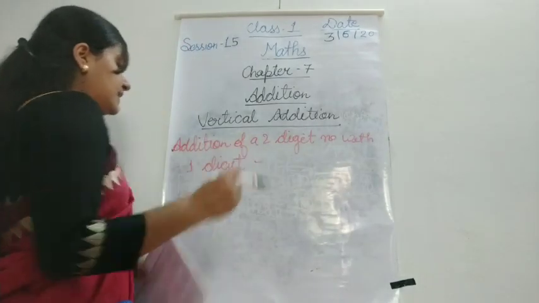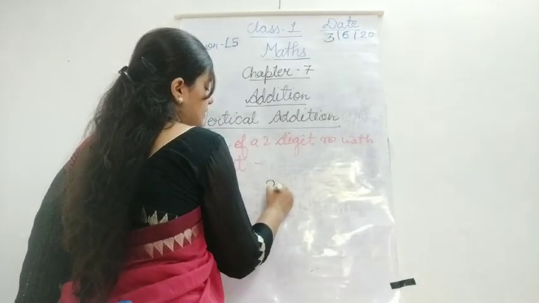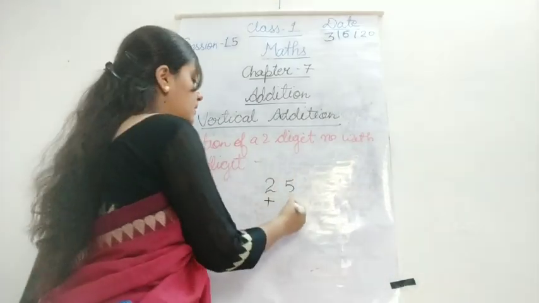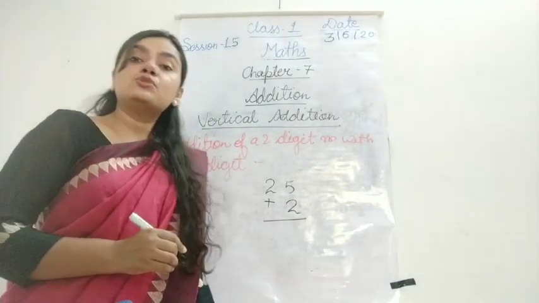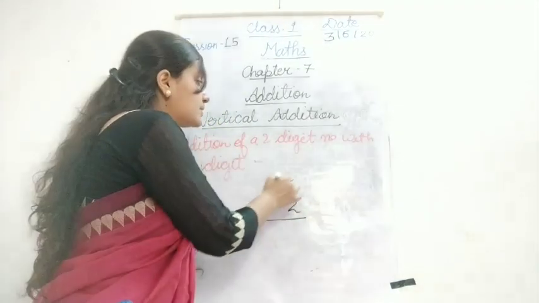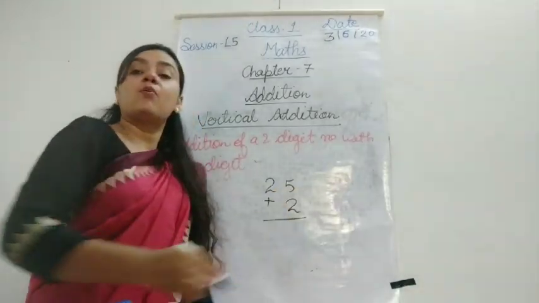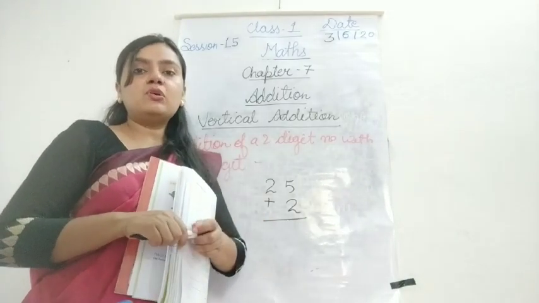As an example, you can see 25 plus 2. 25 is a 2-digit number and we will add 2 here. This is the addition of a 2-digit number with 1 digit. What is the first rule that you have to follow?